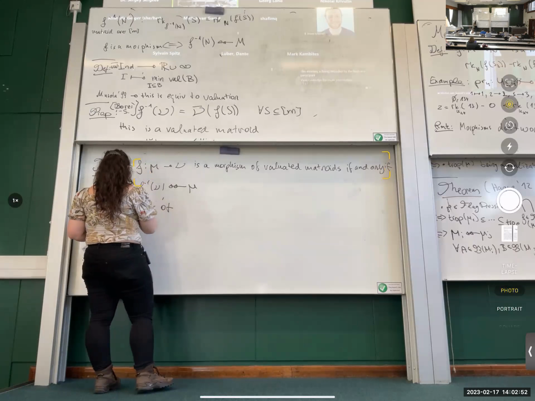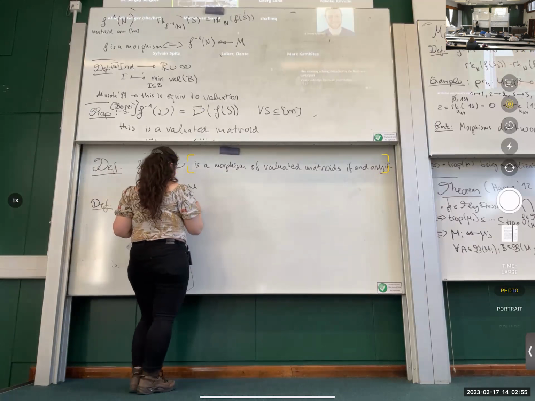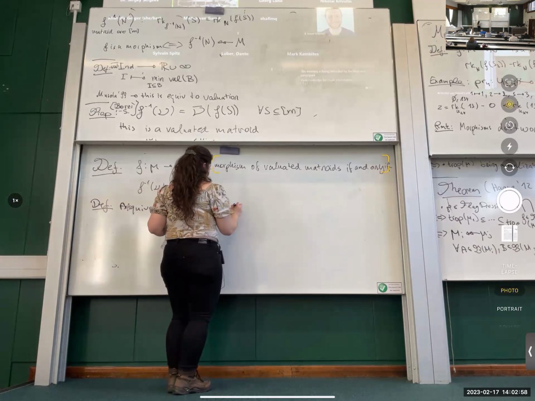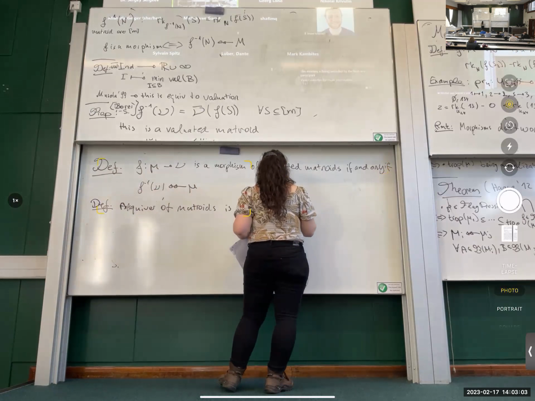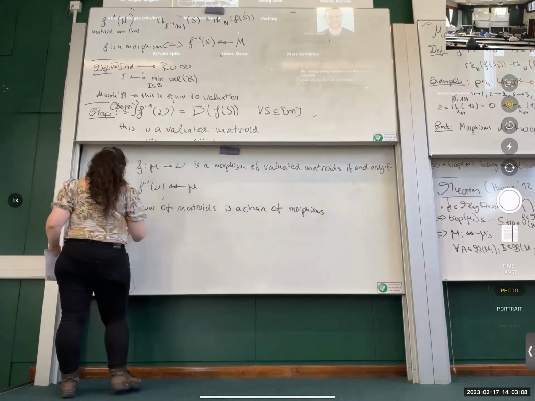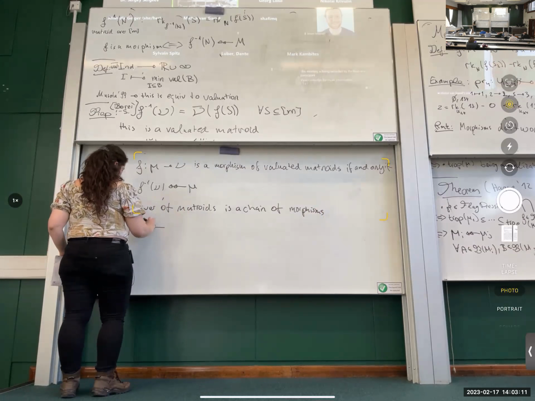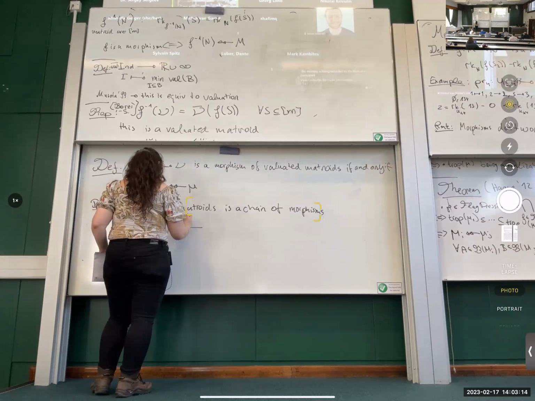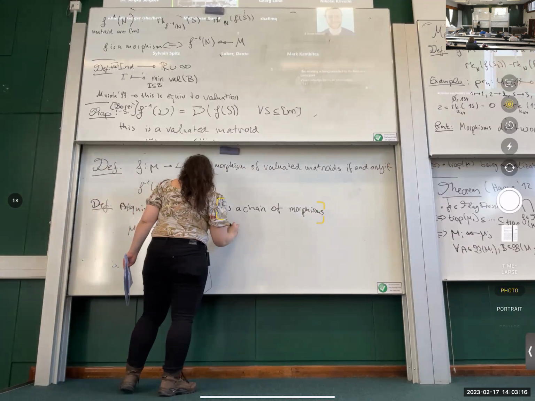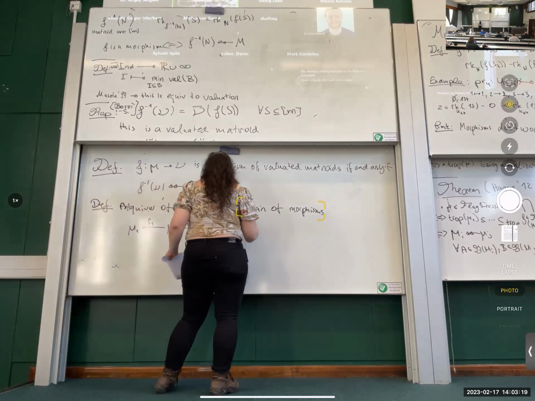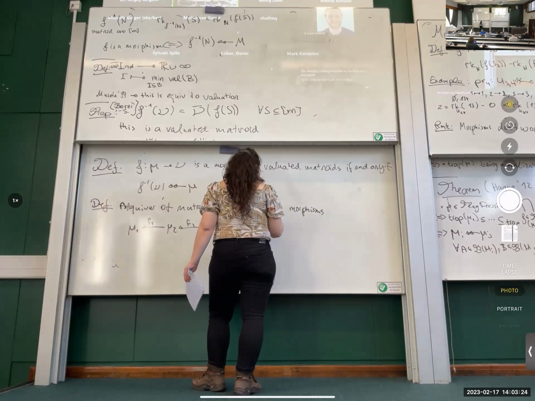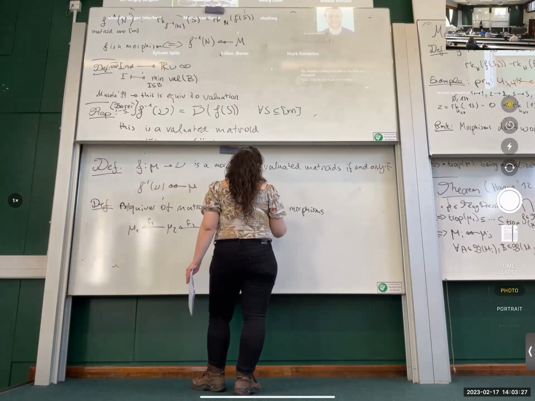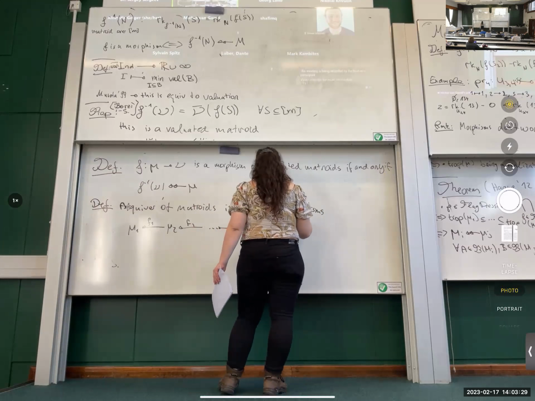A quiver of matroids is a chain of morphisms mu_1, f_1, mu_2, f_2, and so on, up to mu_m, where the rank of mu_i is strictly smaller than the rank of mu_{i+1}.